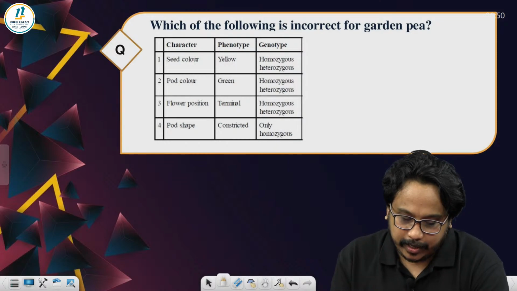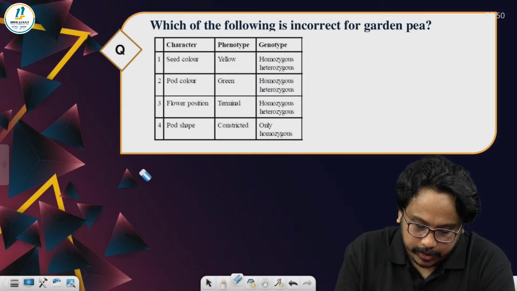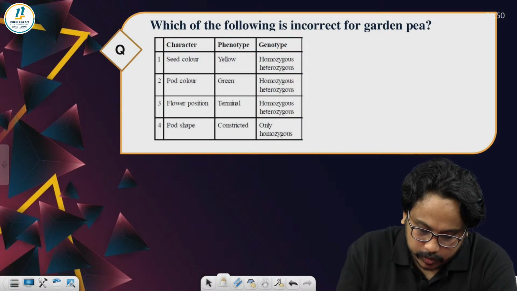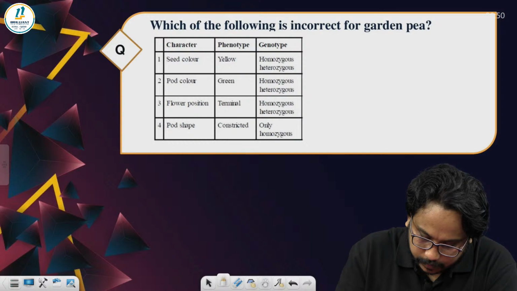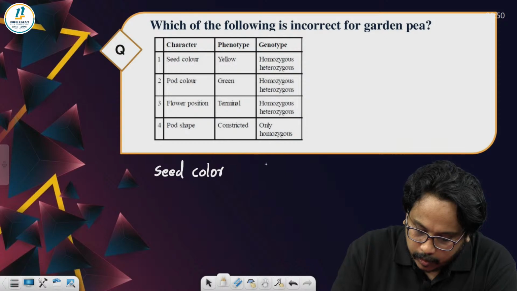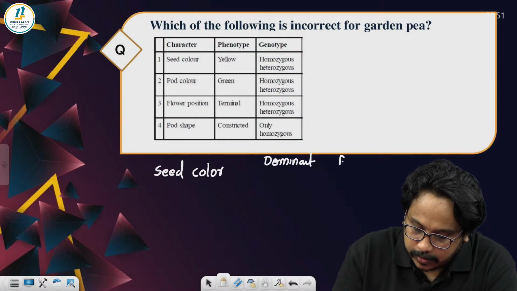Seed color: if you are taking, yellow is dominant in the seed color. So the dominant is yellow and the recessive is green.